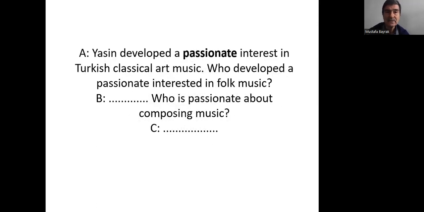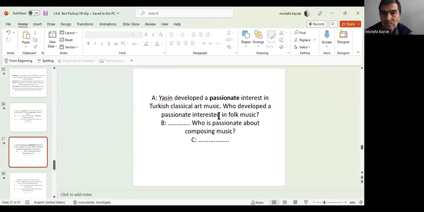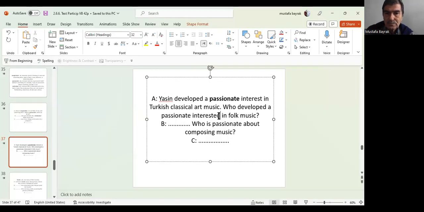Okay. Yasin developed a passionate interest in Turkish classical art music. Who developed a passionate interest in folk music? Yakup has developed a passionate interest, not "interested", interest in folk music.